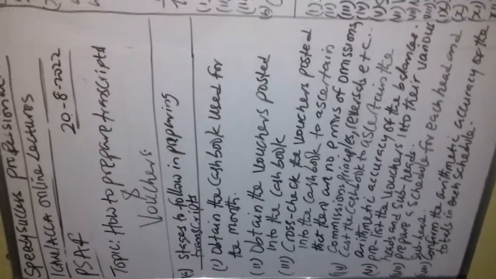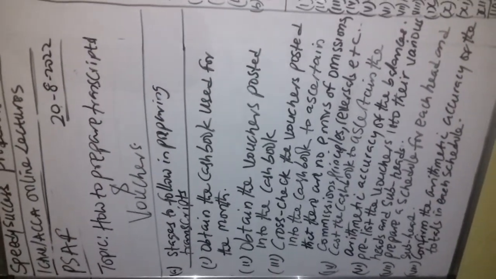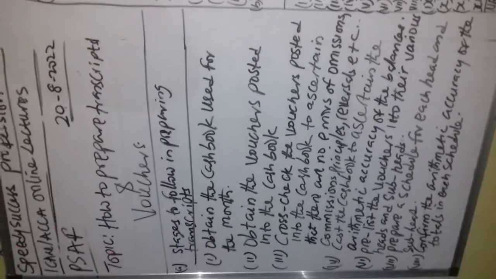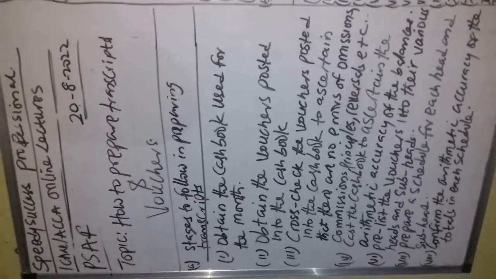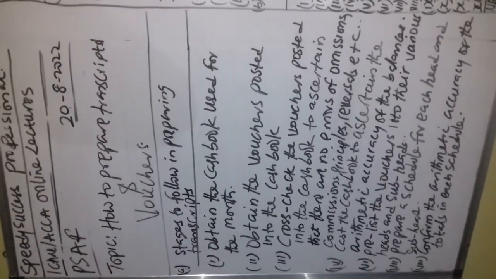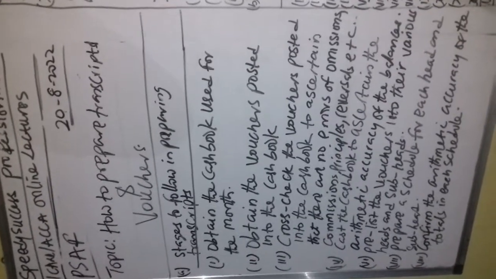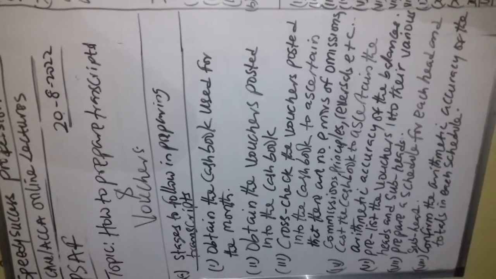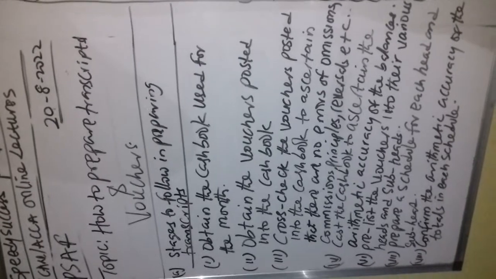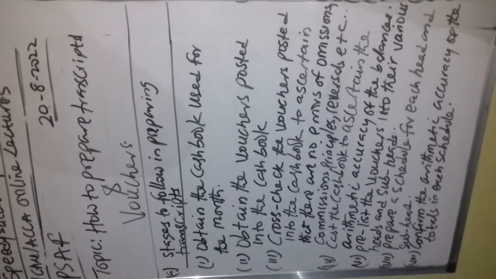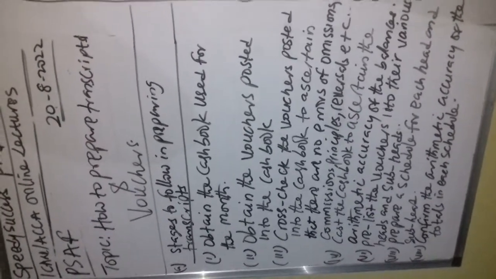Two, obtain the vouchers posted into the cash book. Three, cross-check the vouchers posted into the cash book to ascertain that there are no errors of omission, errors of commission, errors of principle, complete reversal, etc.